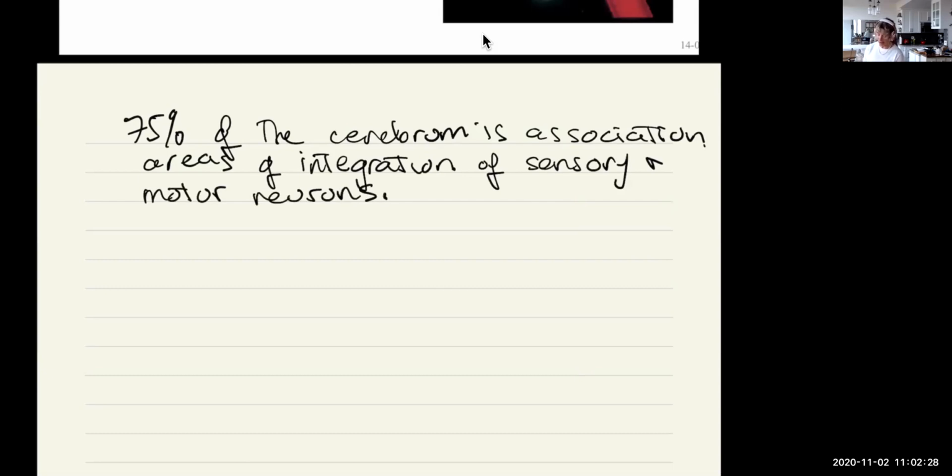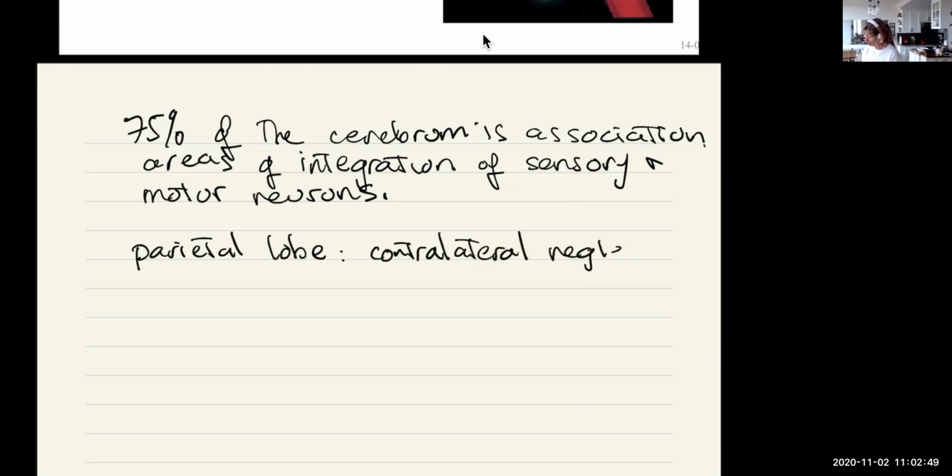So what occurs if you affect different lobes? If the parietal lobe is injured, so if there's a lesion to the parietal lobe, it results in a disorder known as contralateral neglect syndrome. And so from one side of the body, the parietal lobe is not getting sensory information.